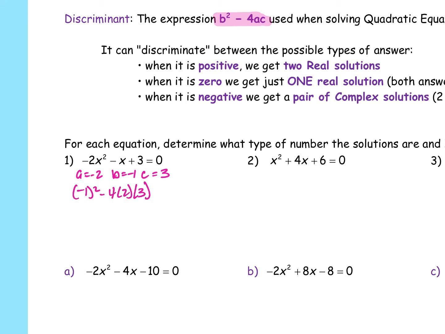So I get 1, let's see, that's 8 times... Oh, that's a -2, sorry. 1 plus 24 is 25. So that gives me 2 real solutions.